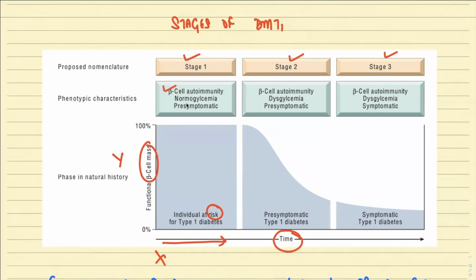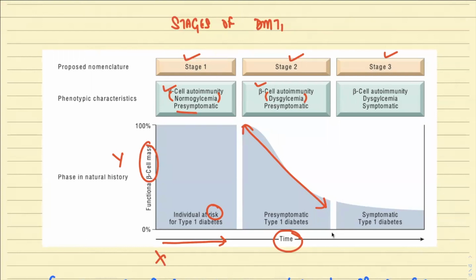There will be beta cell autoimmunity, but in that situation there is normoglycemia because some amount of beta cell mass is there, which maintains normal glucose level, and the patient is pre-symptomatic. In stage 2, the patient's glucose level is impaired. It is not diabetic, it is impaired. Beta cell autoimmunity is there, but the amount of beta cell mass has now come down from this level to this level.